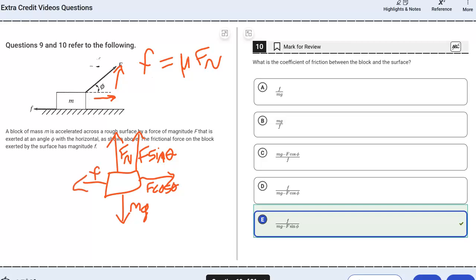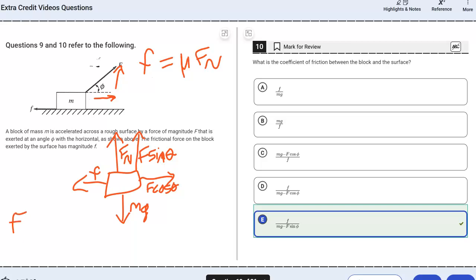So before it was all about the sum of forces in the x direction. Now that's not nearly as important. We're going to focus on sum of forces in the y direction. And the sum of forces in the y direction, they do equal ma, but since it's in equilibrium, a is 0. So the sum of forces would be equal to 0.